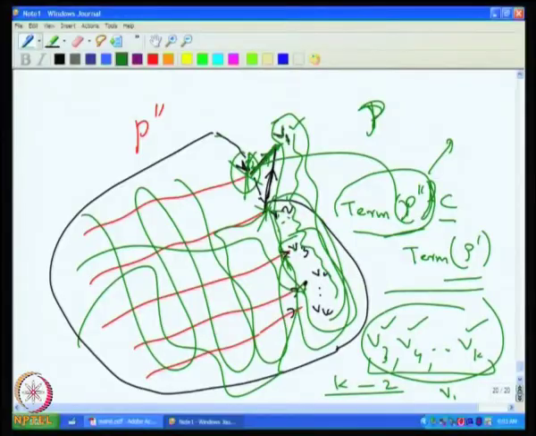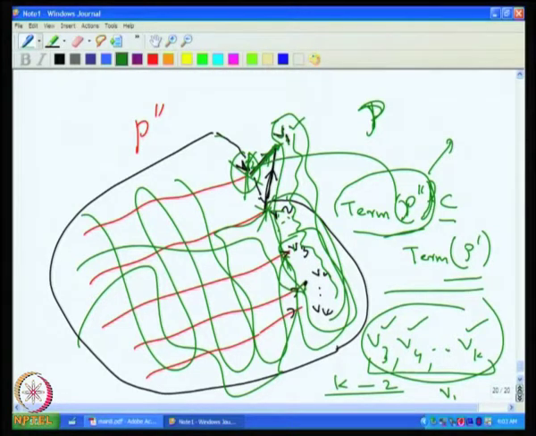So we have a smaller path cover than P with the terminal set of it being a proper subset of the original one, which is a contradiction. Because the original path cover P was supposed to be a minimal path cover, we got a contradiction. So it is not possible that our P dash is not a minimal path cover, it has to be a minimal path cover then.